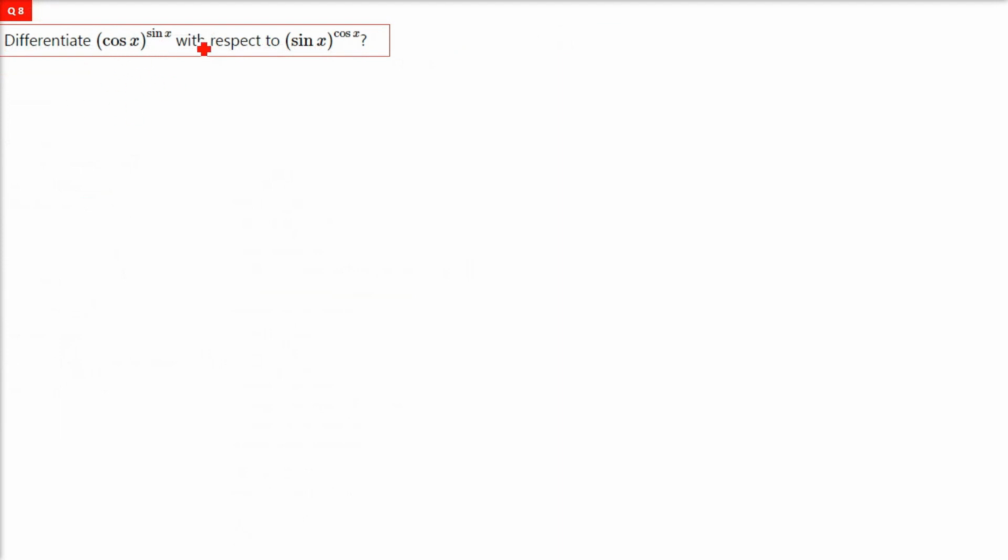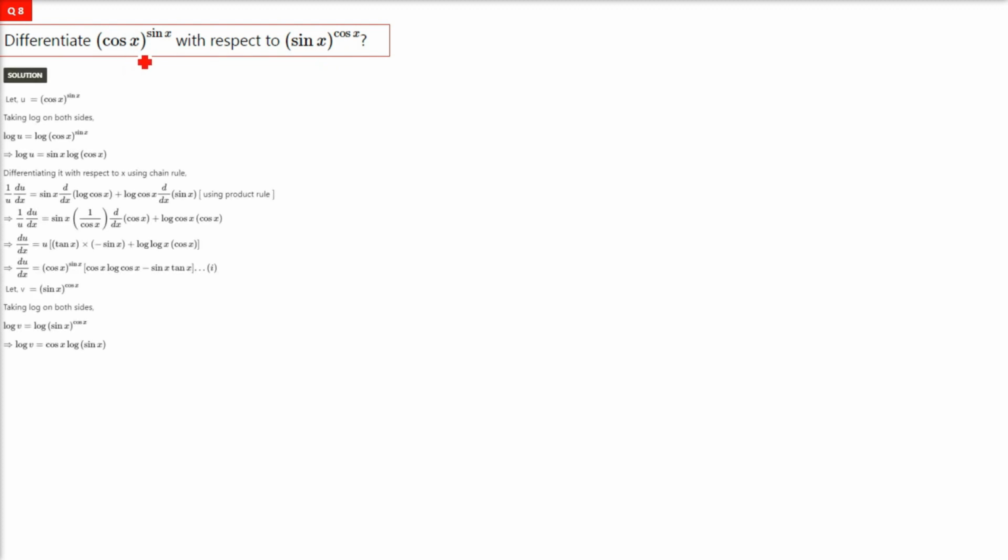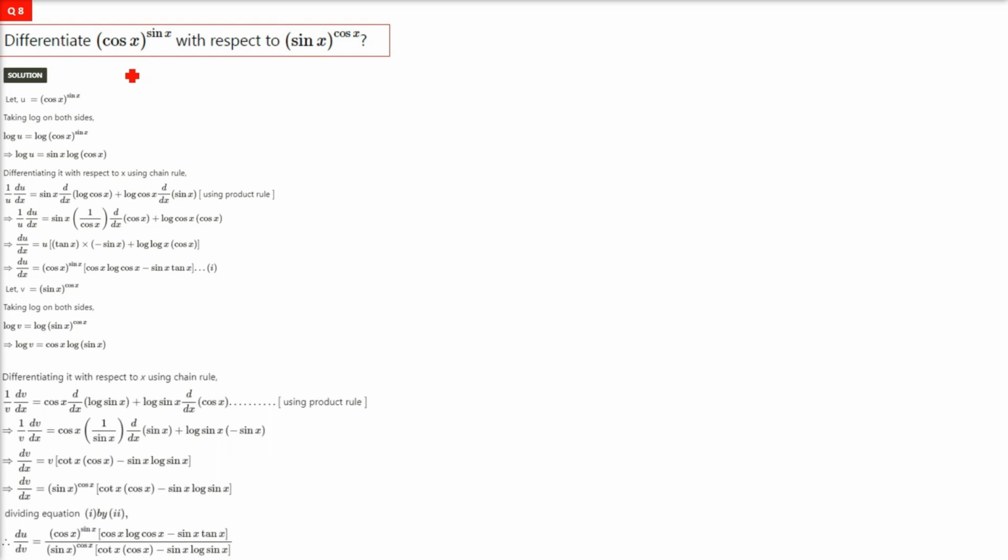Cos x raise sin x raise cos x. In the previous 11.7 we have done this, and 11.6 also to some extent we have done it, because those exercises where we used log to solve this differentiation. Here also u is equal to cos x raise sin x, log u will be what?